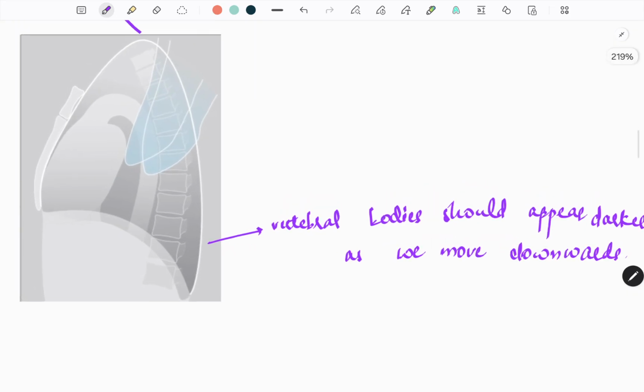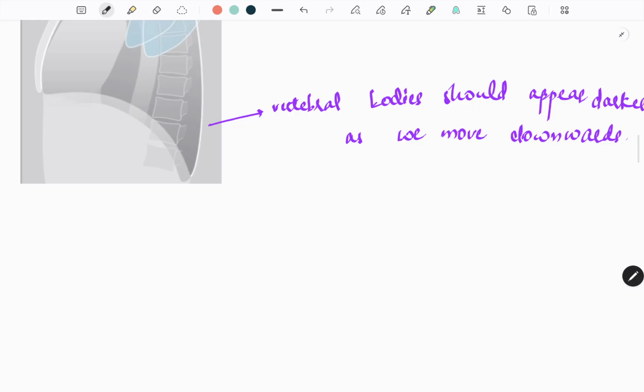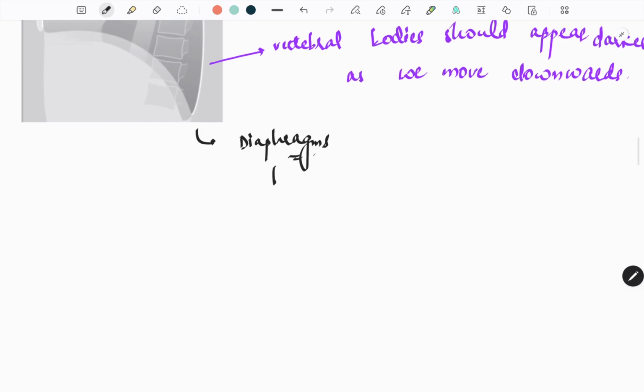Then we come to the diaphragms. As we know, the left dome of diaphragm is not visible anteriorly.